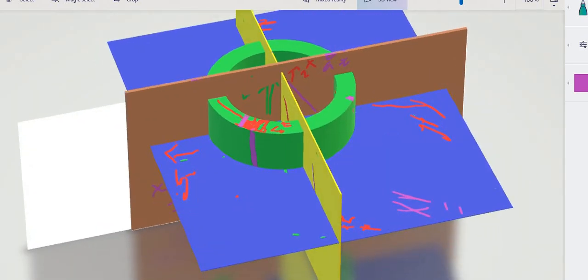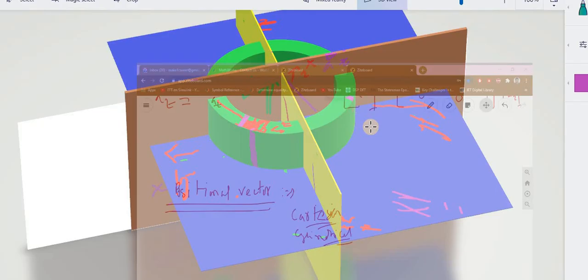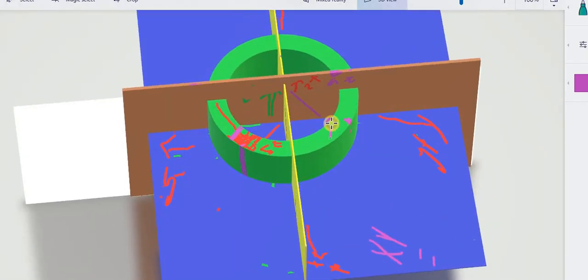So for Cartesian, suppose this point is P(x, y, z).